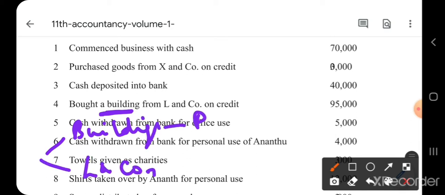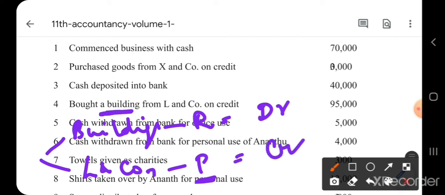Now buildings is a real account and L and company is a personal account. Real account, the rule is debit what comes in. Here buildings is coming in, so you debit. For personal account, credit the giver. Who is the giver here? L and company, so you credit his account. So the entry will be buildings account debit to L and company's account.